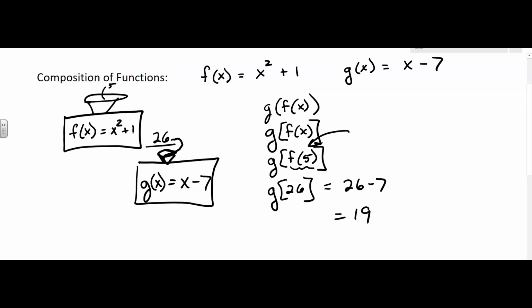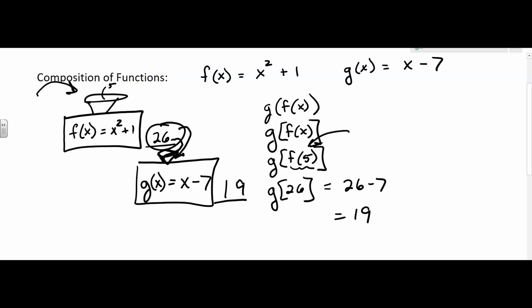Okay, so that's not g of x, and it's not f of x, but it's g of f of x. So it's like you have two boxes. You put in 5, you put the 5 into the f function, you get out a 26. Then you take that 26 and put it into the g function, and you get out a 19. Okay, that's called the composition of functions.